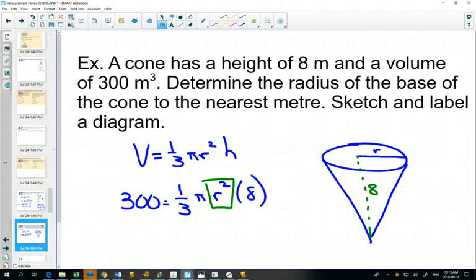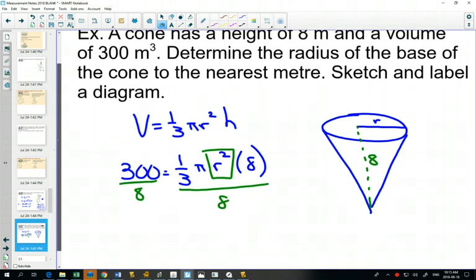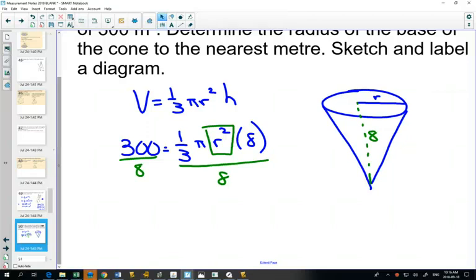So if I divide both sides by 8, that will simplify this because 8 divided by 8 is 1. And now on this side, I'm just left with 1/3 pi and r squared. And on this side, we're left with 37.5.